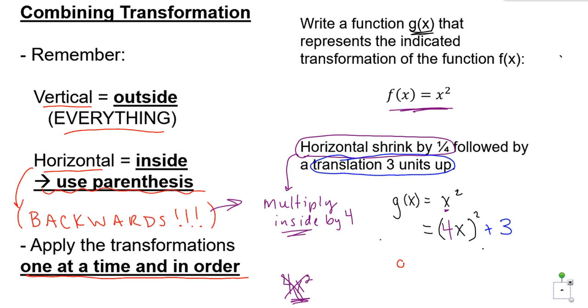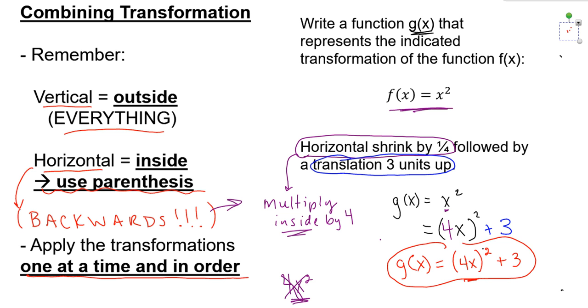All right, so my new function, my g of x, is (4x) squared plus 3. Now there is technically more simplification you could do right there, but since we're practicing transformations, I'm just going to leave it as 4x in parentheses squared.